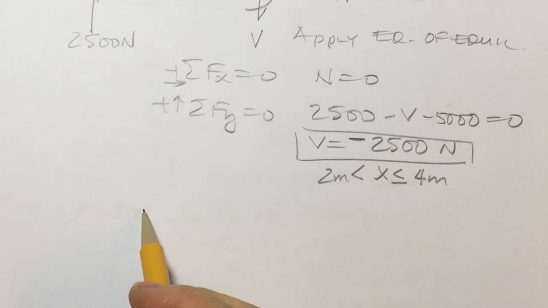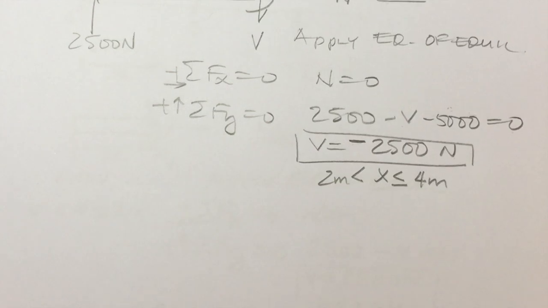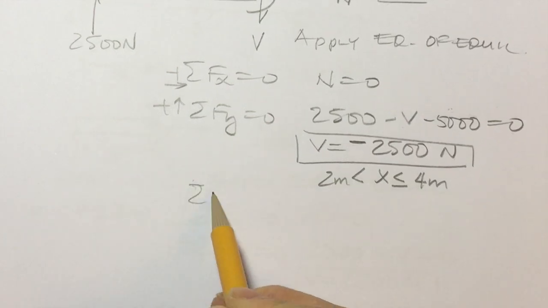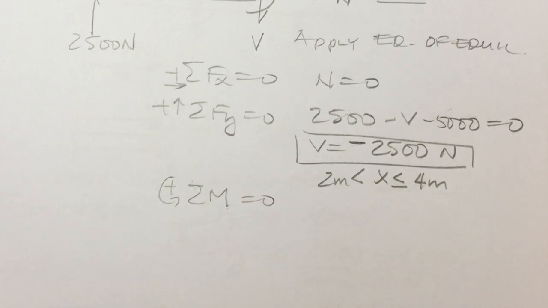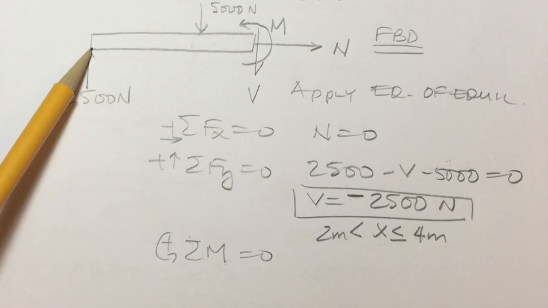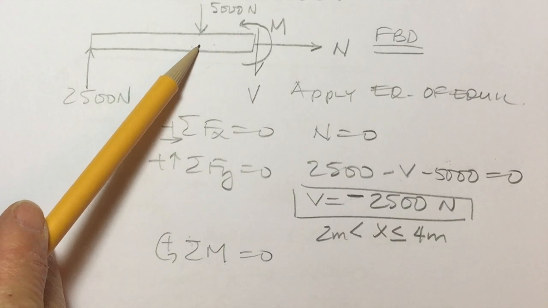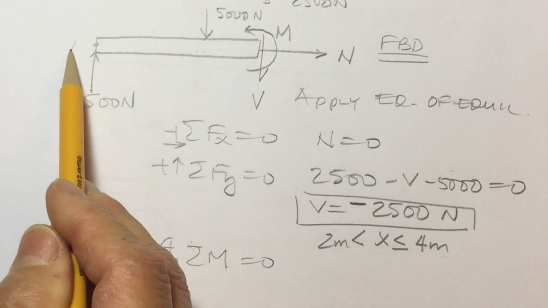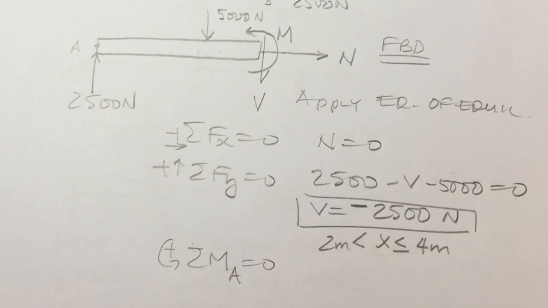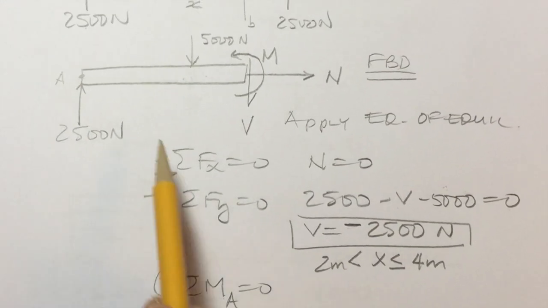So we do the same thing now. Sum of the moments must equal 0, and we can choose any point. I can choose this point, or that point. I'm going to just choose this point A. So sum of the moments about point A is equal to 0.